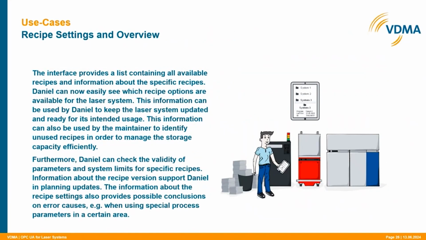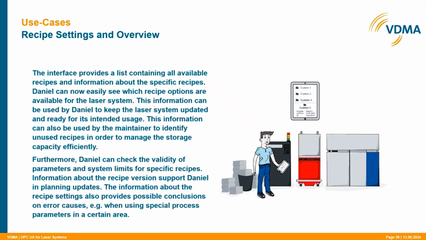For the use case recipe settings and overview, the interface provides a list containing all available recipes and information about the specific recipes. The maintainer can keep the laser system updated and ready for its intended usage.